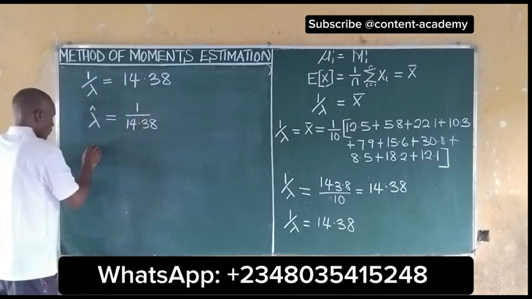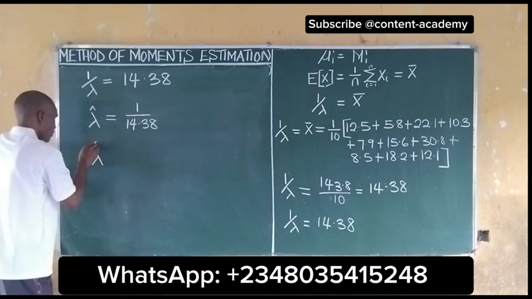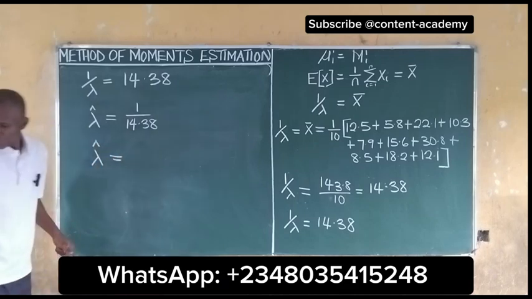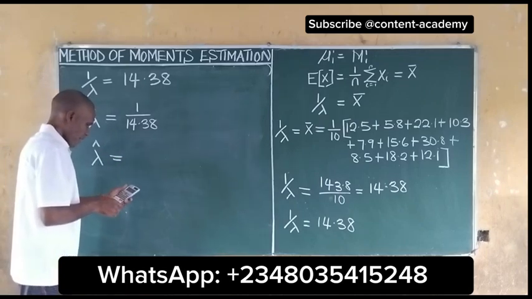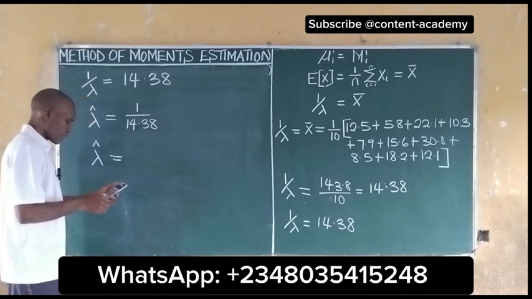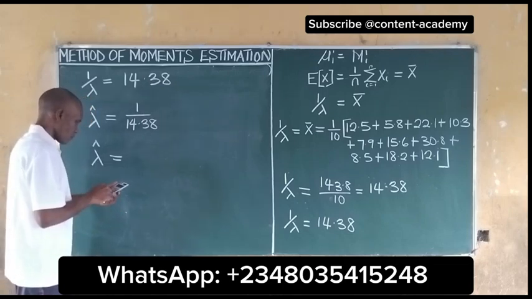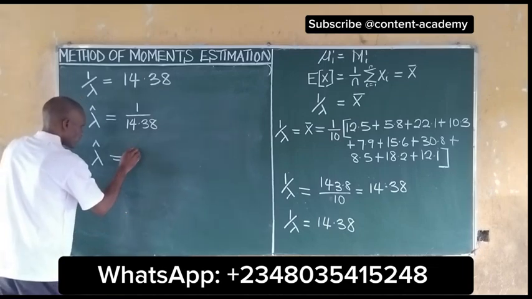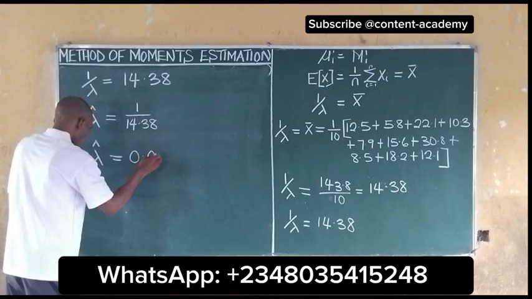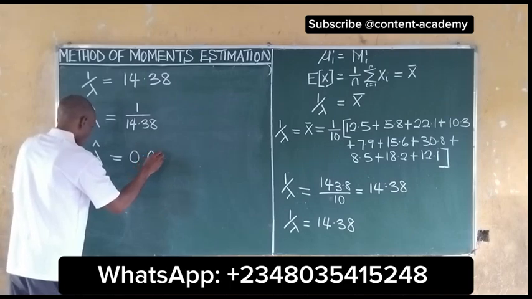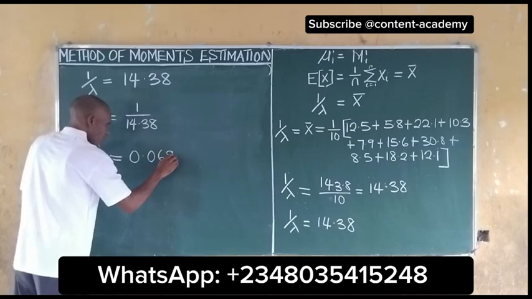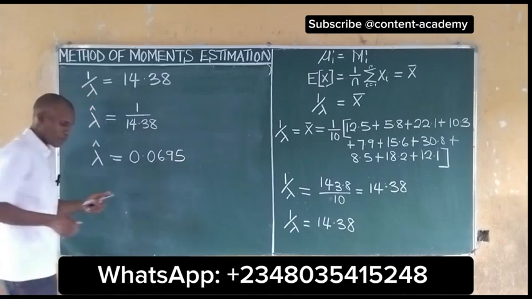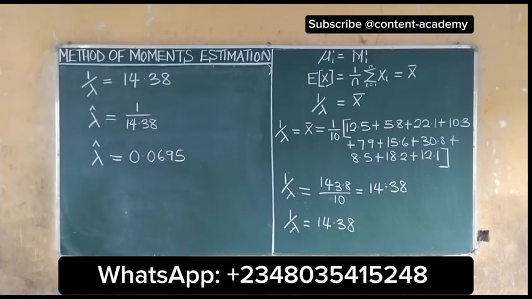So what is 1 over 14.38? We use our calculator to check. 1 divided by 14.38. So we have 0.0695. That becomes our estimate.